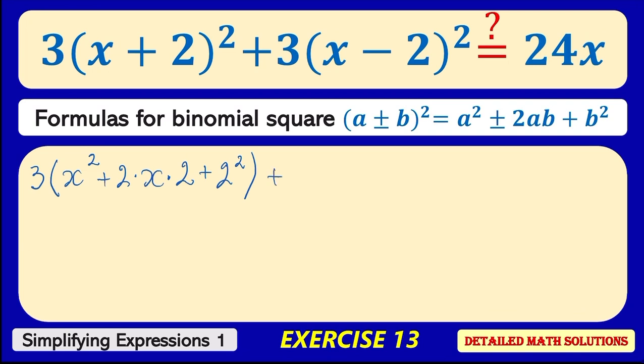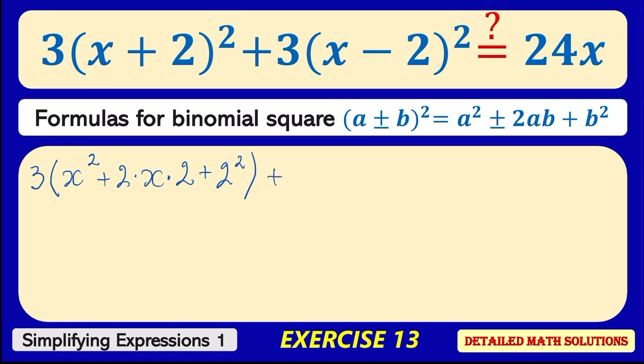Next, I need to use the formula for binomial square to expand (x − 2)². The formula for binomial square will be (a − b)² equals a² − 2ab + b².